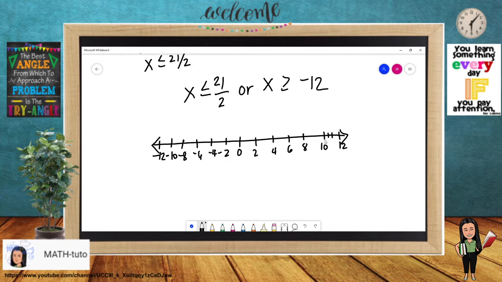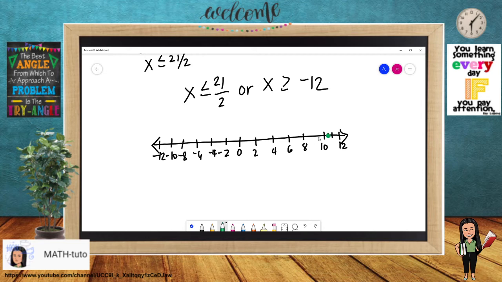Okay. So, let us sketch the graph for this portion, less than or equal to 21 over 2. It is here, included, on the number line itself. Okay?